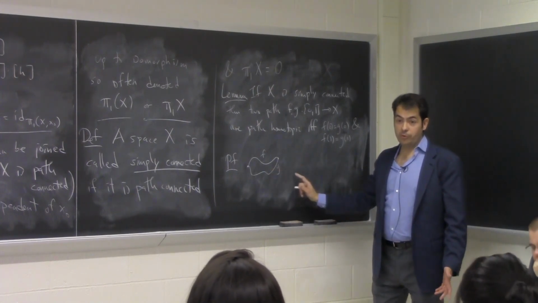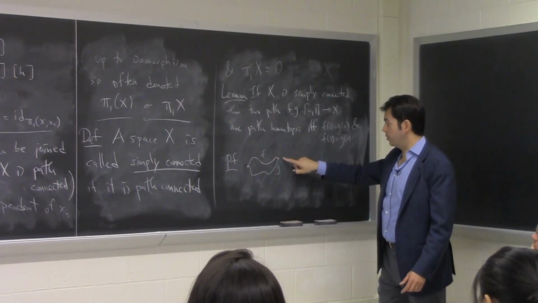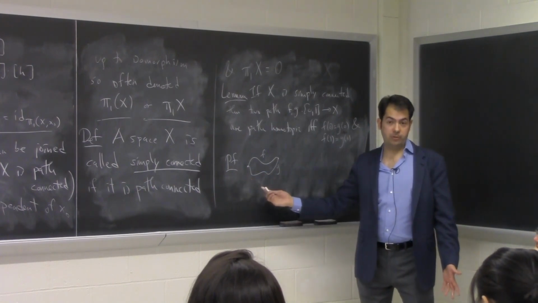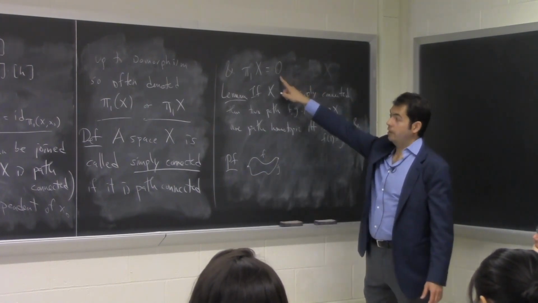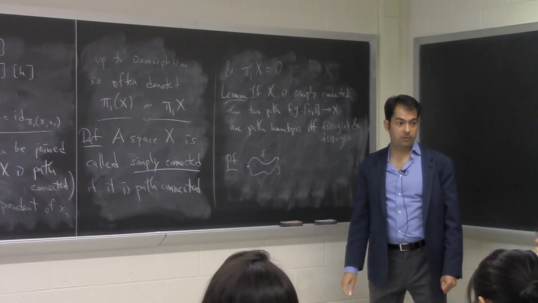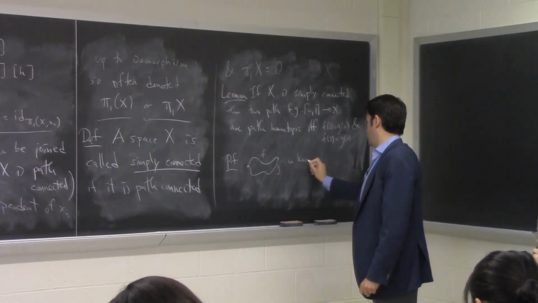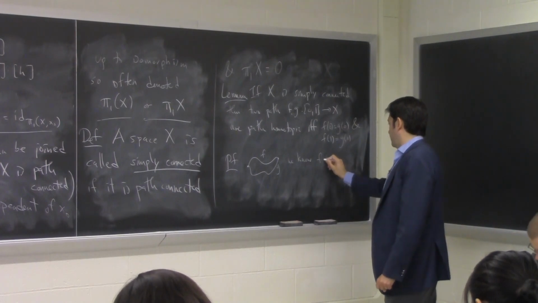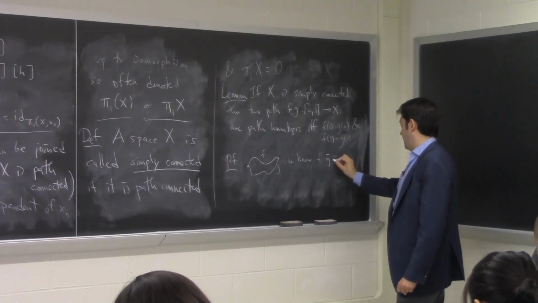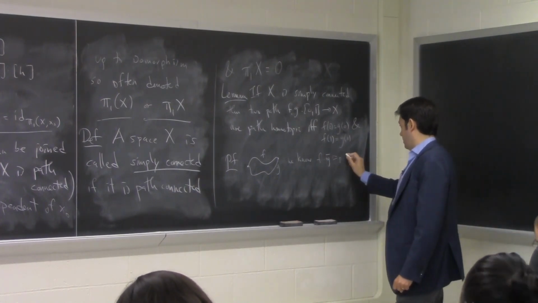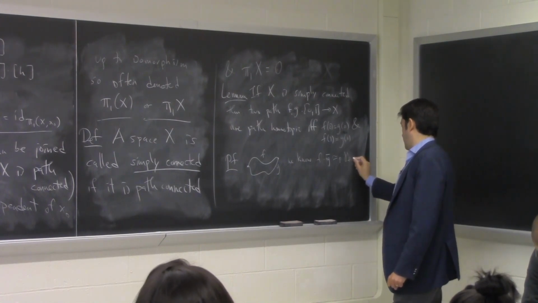Well, they do have the same endpoints. So if I were to go along F and then go back along G, I get a loop. And I know that all loops are homotopic to the constant. So we know F dot G bar is path homotopic to a constant, in this case F of 0.